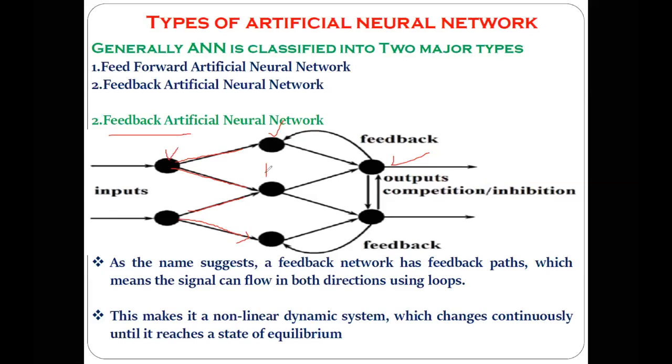Now this is the hidden layer, and after the hidden layer there is an output layer. Data moves from the input layer to the hidden layer after adding weights, then some computation is performed in the hidden layer, and the output of the hidden layer is given to the output layer.